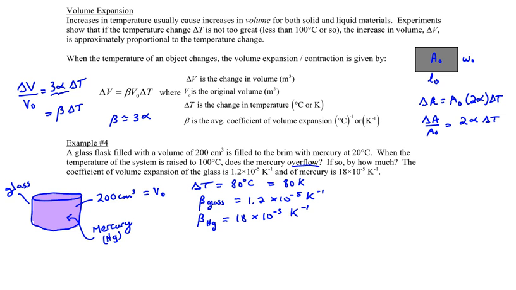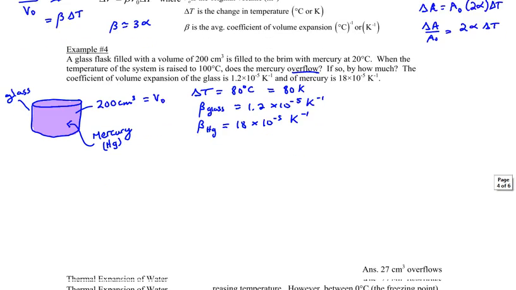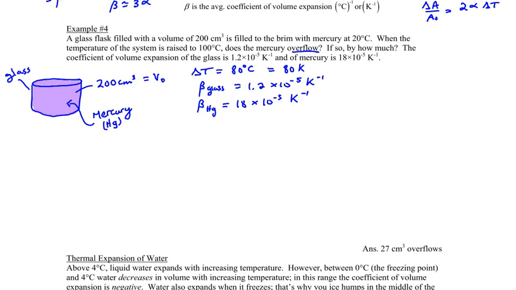How much does it overflow by? Let's calculate that now. We're going to find out how much the glass expands by. The change in volume of the glass will be calculated by using the initial volume of 200 centimeters cubed multiplied by the volume expansion coefficient for glass multiplied by the change in temperature.